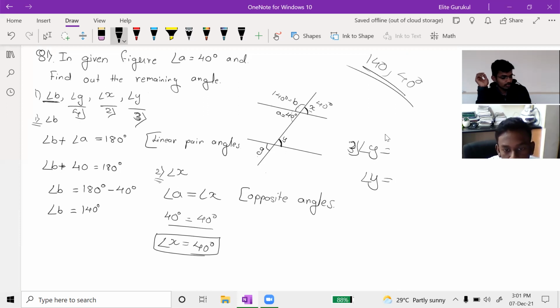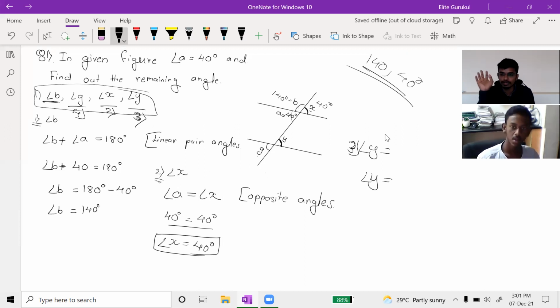Even though in the question the numbers are not mentioned, you can find any one. Whichever is easy for you, whichever comes to your mind first, find that one first. If this is 40, then this is also 40 degrees because of opposite angles. So angle Y is equal to 40 degrees, but which angle will we show, angle X or angle A? Angle A.